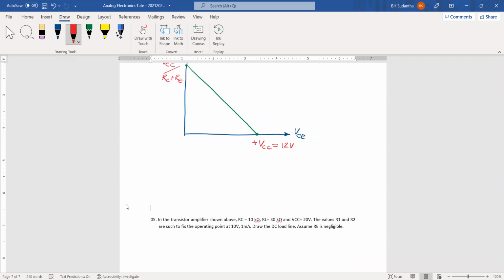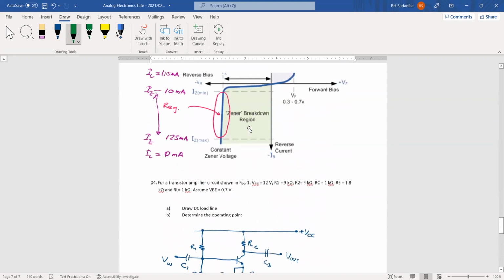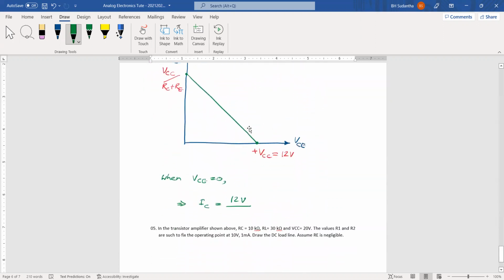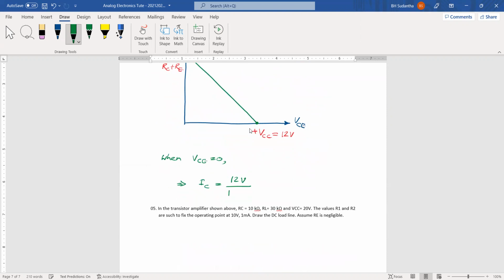And this is the IC point when VCE is 0. We can receive IC equals VCC, which is 12 volts, divided by RC plus RE. What is RC plus RE? RC is 1K, RE 1.8K. 1K plus 1.8K.